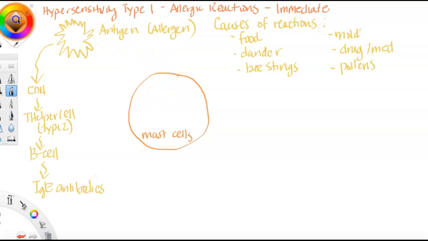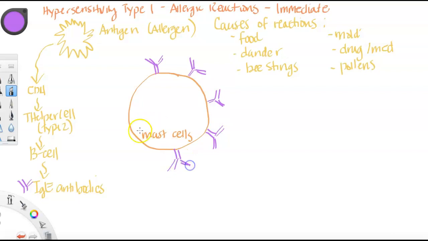So these IgE antibodies, make them purple. Okay, so they attach themselves to these lovely mast cells. Pain to make, but look how pretty that is.